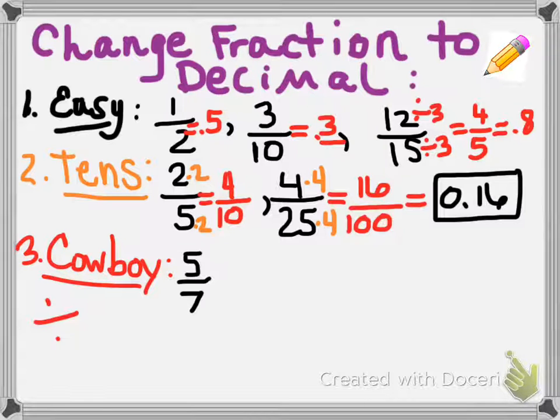And then we come to the Cowboy Method. This is the long, hard way. You don't want to do it this way unless you have to. The other ways are much quicker. But you know that the fraction bar means to divide. So you need to say 5 divided by 7.